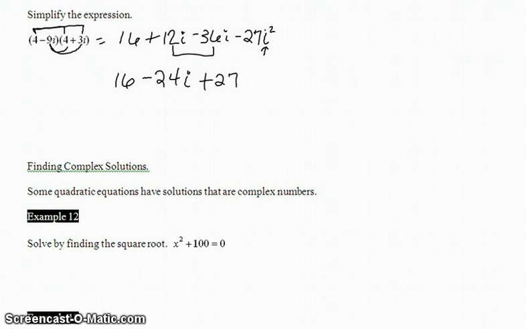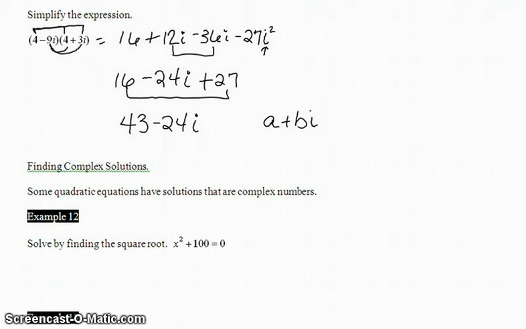And my last step, combine my constants. 27 plus 16 is 43, minus 24i. Notice I'm always writing this in the form a plus bi in that complex number format. I hope you did well with that. We're going to continue on now.